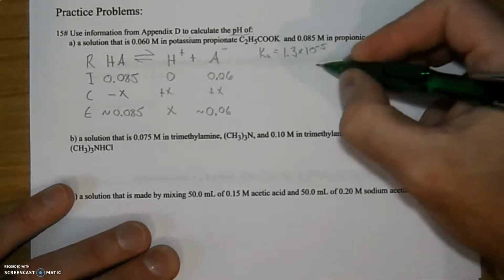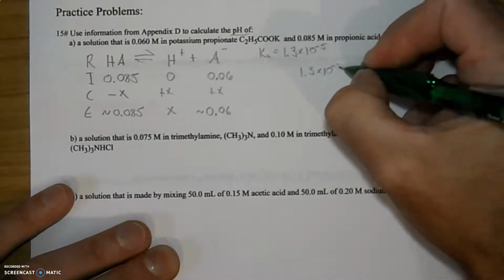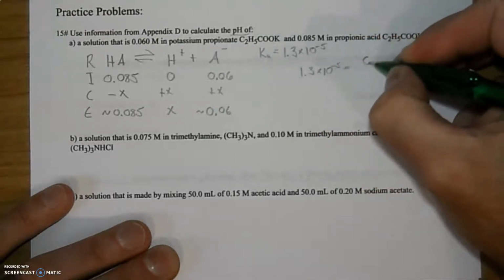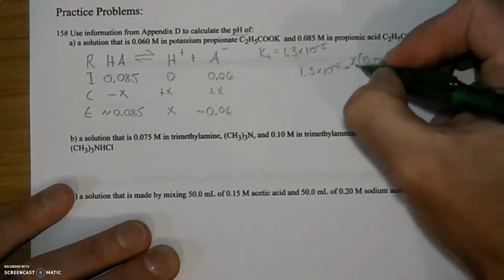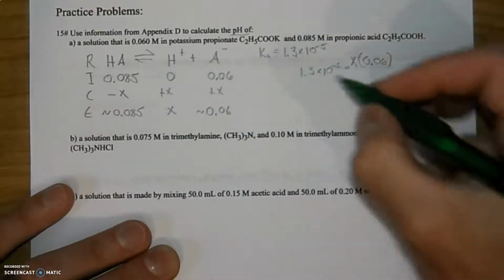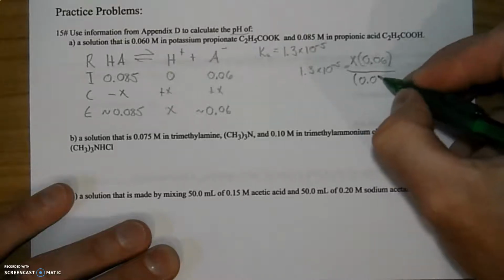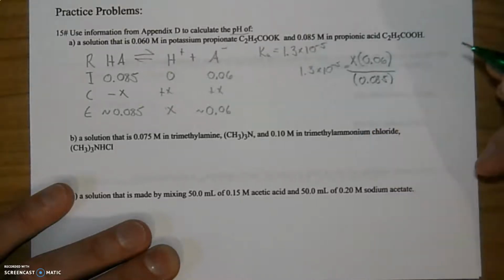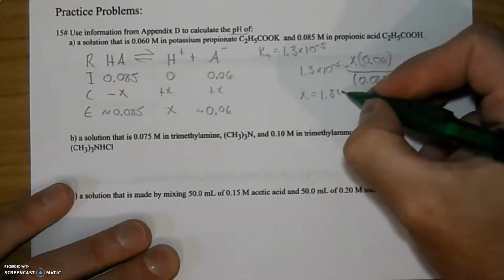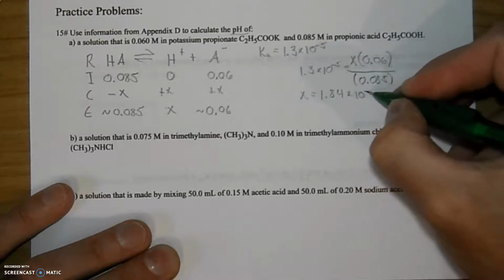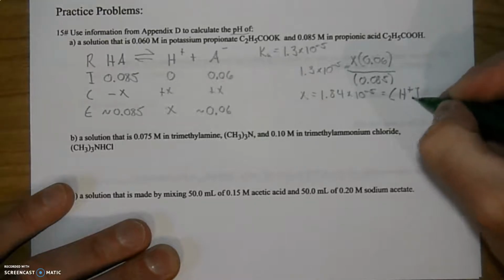Doing an equation with that, products over reactants, we would have 0.06, don't forget the x, over 0.085, solve for x, 1.84 times 10 to the negative 5, and of course that is equal to the hydrogen ion concentration.